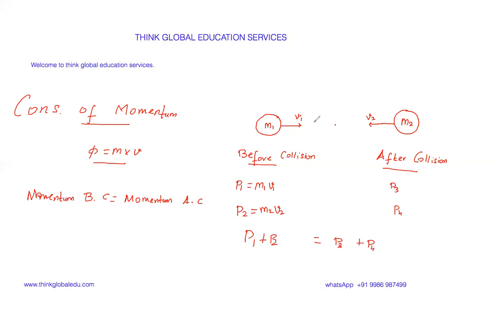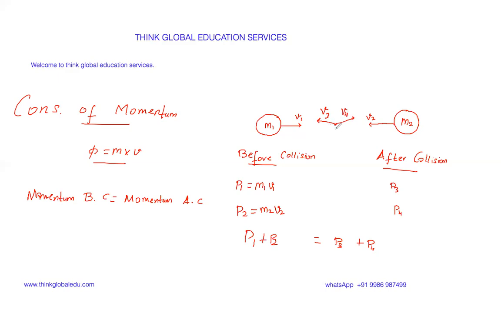Now we can discuss the possibilities of this collision. When m1 and m2 collide, maybe m1 might move in this direction after the collision, and m2 might move in this direction. Their velocities might change to, let's say, v3 and v4.